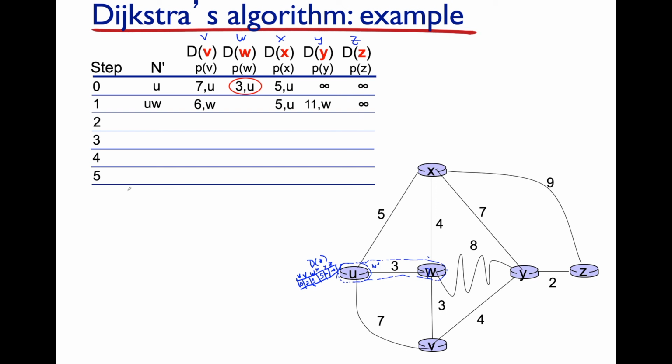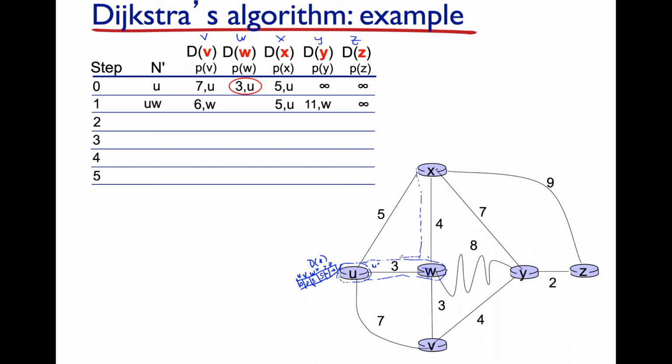So now we continue this and we say, okay, what is the closest node that we haven't yet considered? Now we'll notice the path to get to X is the closest node in terms of cost. So we're going to add X to the set. Essentially, once again, we're growing the blob.